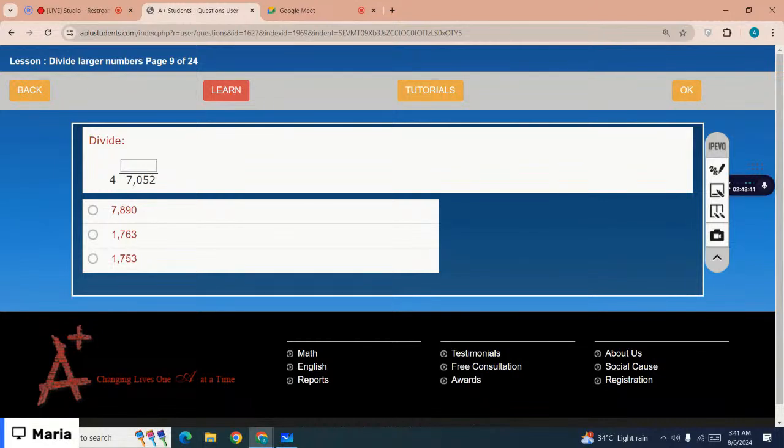7,052 divided by 4, which is the correct option? 7,052 divided by 4 equals.